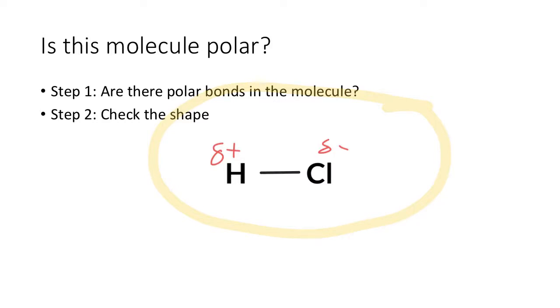I could draw a little line through this molecule. One half of the molecule is a different charge from the other. Two poles, dipole, and it's permanent. And it's permanent because that difference in electronegativities between those two atoms is permanent.